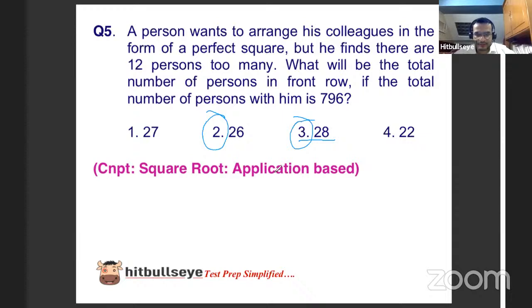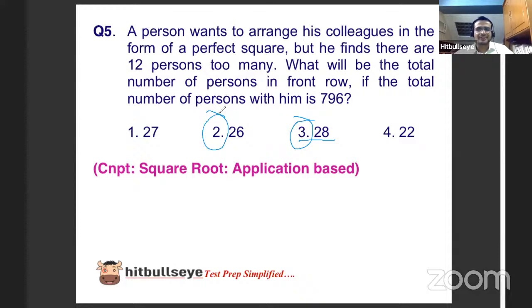Last 10 seconds, students. Okay, 28, Amrit. Tejas is also saying 28. Okay, let's see. Any other answers? All right, let's solve it.